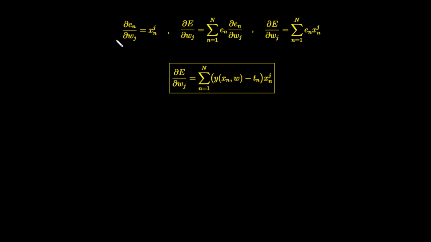So we can substitute this here into this equation here, and it's going to give us this. Now finally we can replace the en with our y(xn, w) minus tn. So this is the final equation that we've been looking for over the whole of this video.